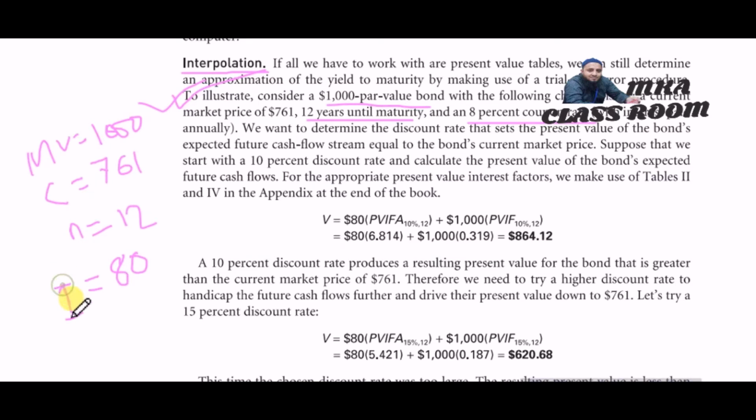Our interest is 80 taka. Now if we put this value to our YTM formula, then we can find out our yield to maturity. That means what is the interest to hold this bond till maturity.